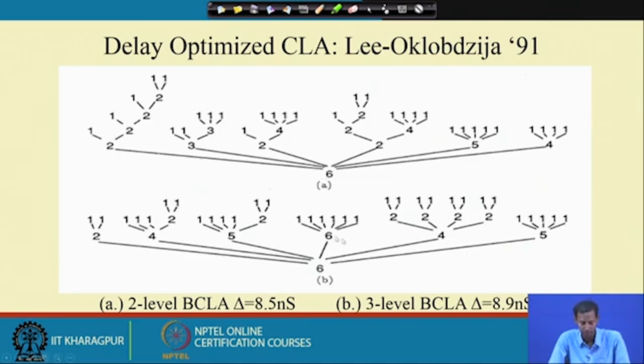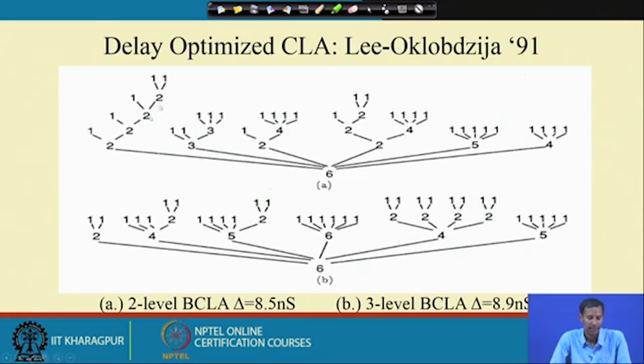Okay. And for this particular case, here you see the maximum is 6, but here somewhere I am having 5, and here I am having 6. Okay.